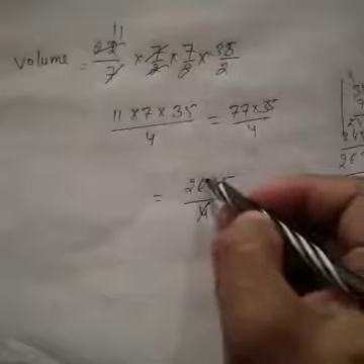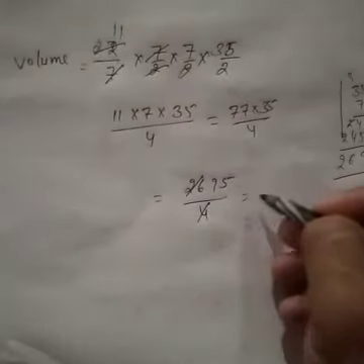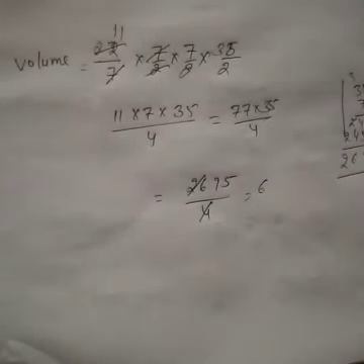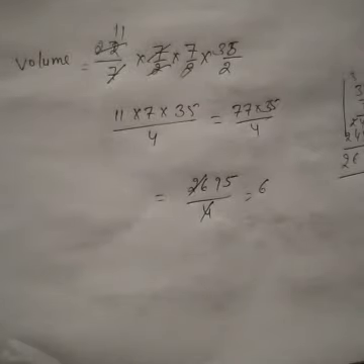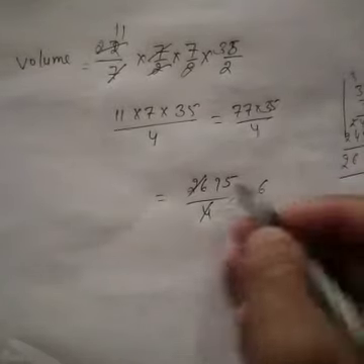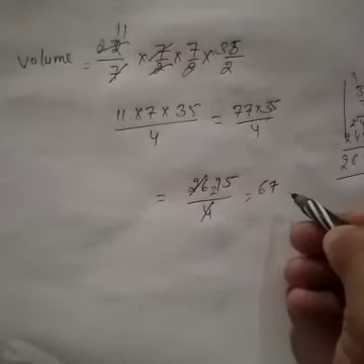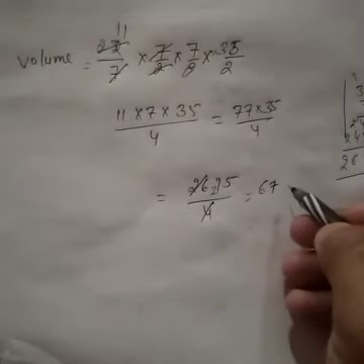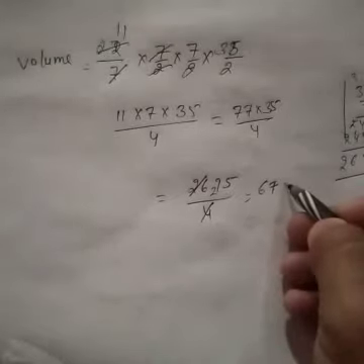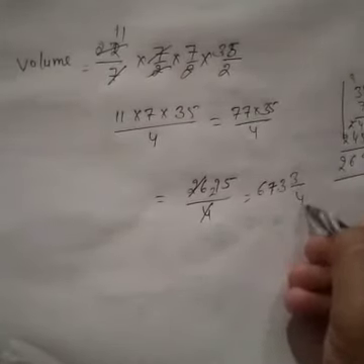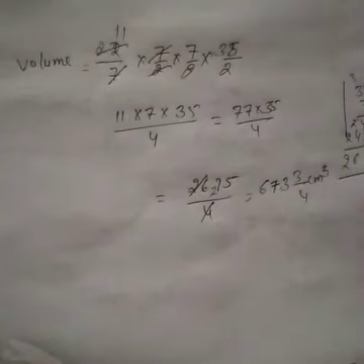Then 4 6s are 24, 4 7s are 28, 4 3s are 12, 3 left, and then 4 centimeter cube.